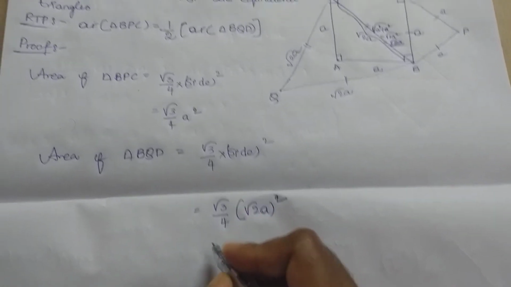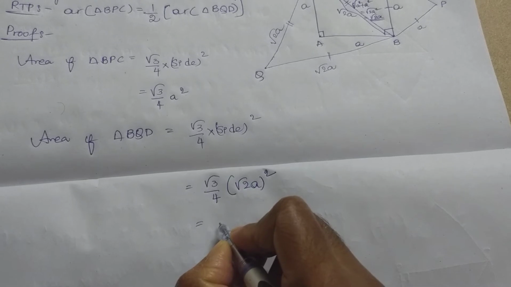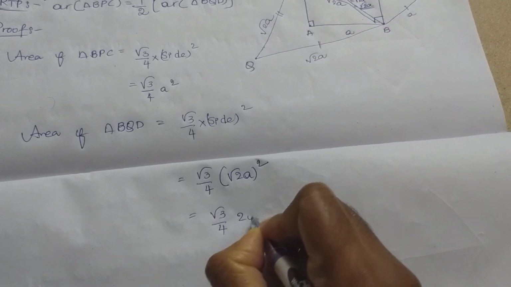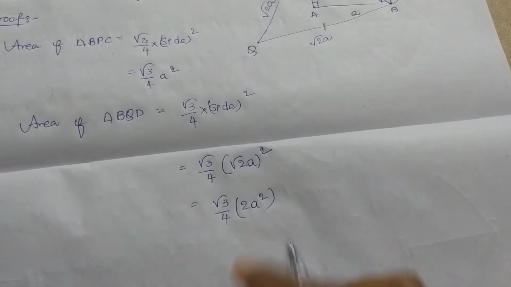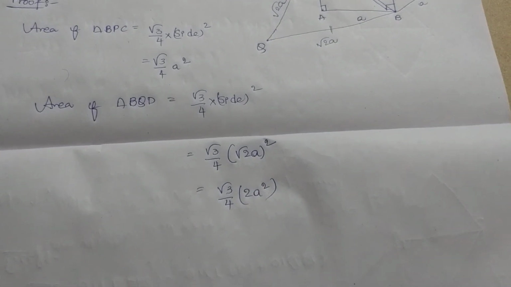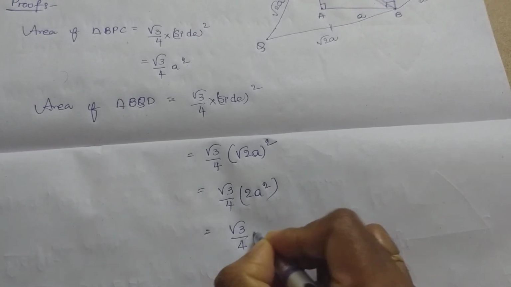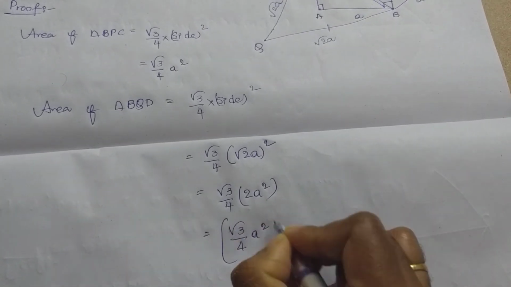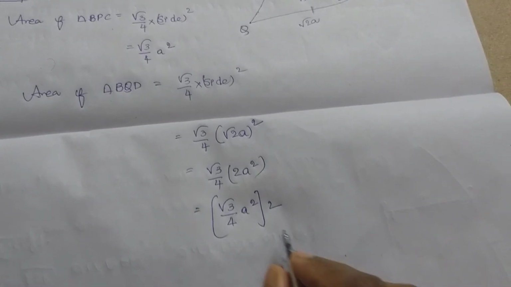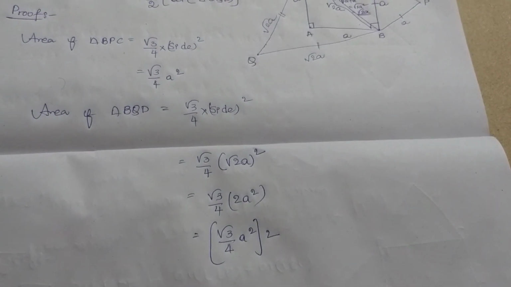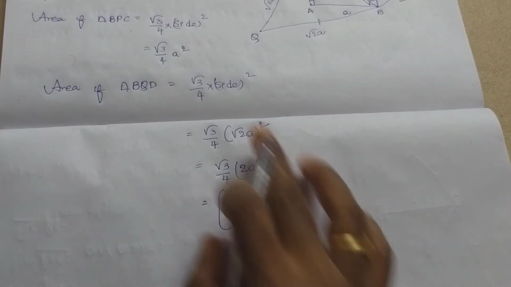Let's simplify this: root 3 by 4 into 2 A square. So here root 3 by 4 A square, and I am separating this 2 separately. Brackets outside means it's 2 into something. Correct?